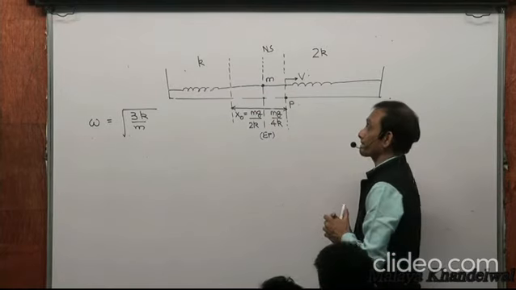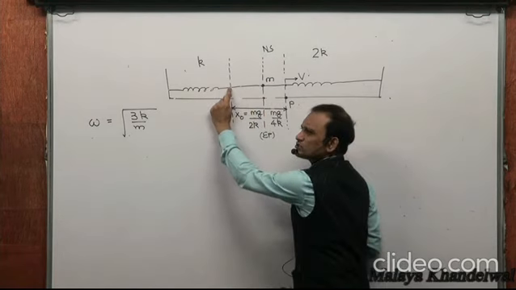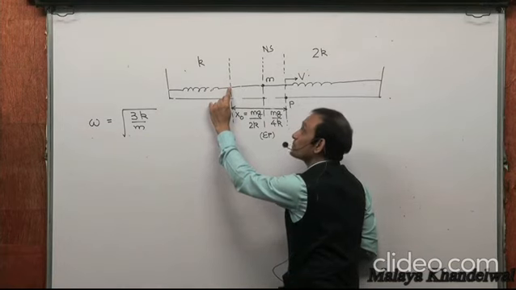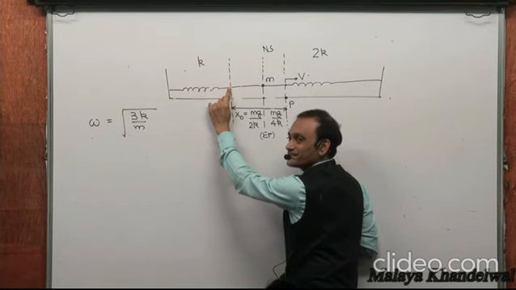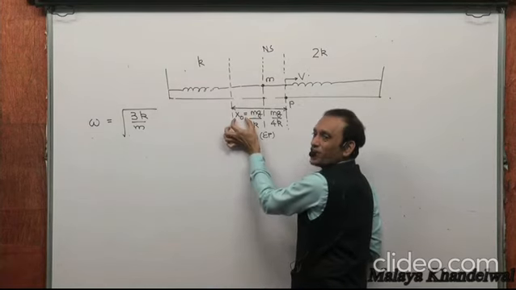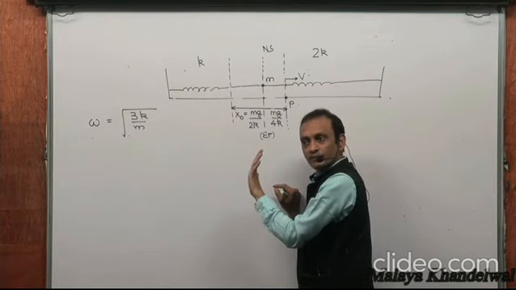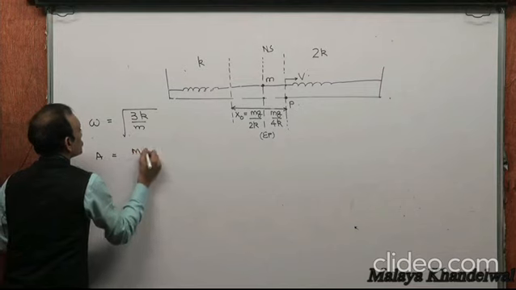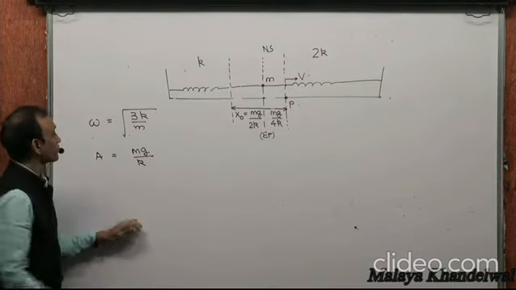Now, when it's slowly pulled to the left, it comes to this point where the spring has a compression and the mass is at rest. That means this is the position of rest for the mass m. This must be an amplitude state of the mass, and therefore the amplitude must be x naught, which is mg by 2k. Yes or no? Amplitude is mg by 2k.